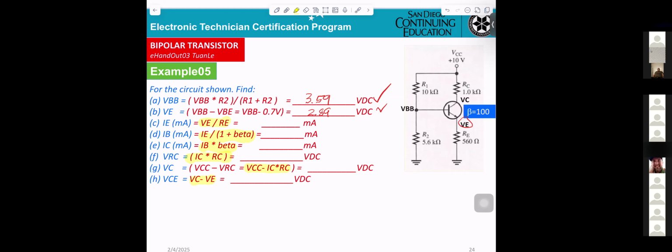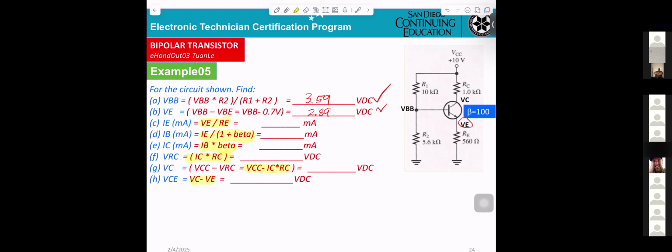You know, you apply for a job, they can give you this circuitry. They can ask you, how do we get VBB? You don't have to calculate, but you have to tell them how. The answer is using the voltage divider law. Or they say, if I want to get the emitter voltage, how?